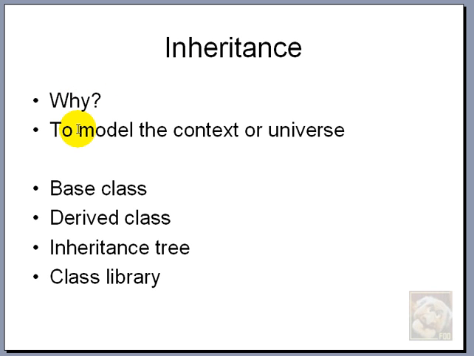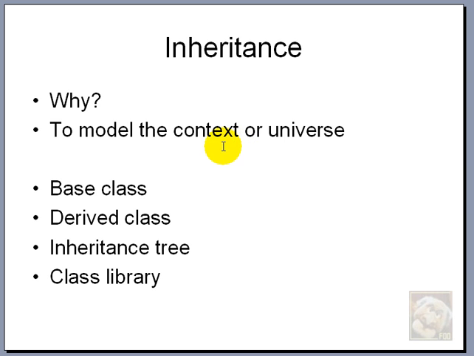Well, because from now on, every single program we write will be a model of the context or the universe in which this program runs. That is, every single object that lives inside the program will be a part of a context or a part of a universe. How is that? Okay.